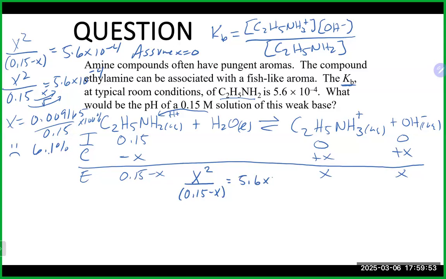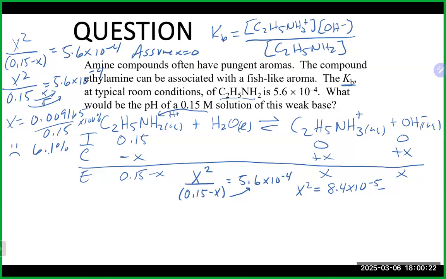And again, we're going to multiply what's on the bottom to the other side. And that will get us X squared is equal to 0.15 times 5.6 to the minus 4, 8.4 times 10 to the minus 5, if I counted those zeros right.